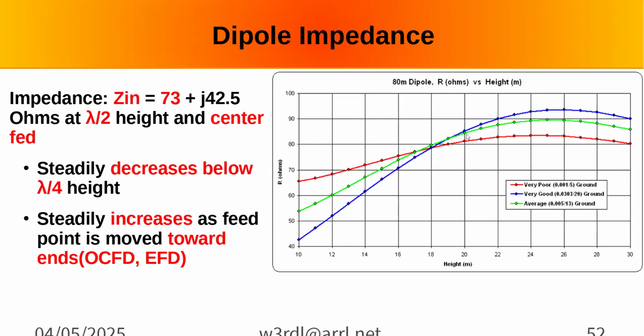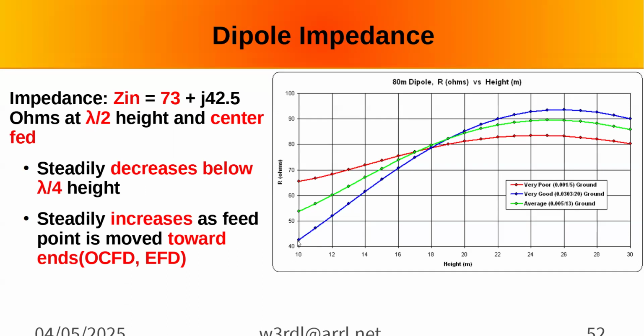And it doesn't make too much difference about the soil at those points where it crosses over. But as you start getting closer and closer to the ground, you get down here at 10, which would be, not a quarter, an eighth of a wavelength.